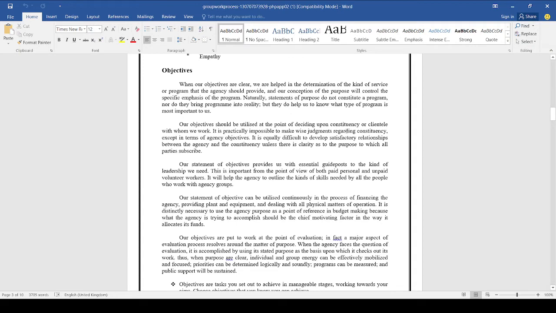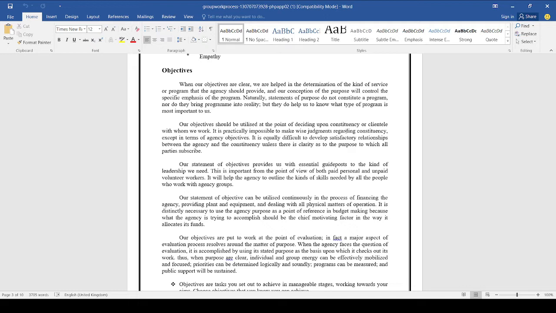Very clear, and what kind of service is provided by the agency is according to the agency's objectives. It is equally difficult to develop a satisfactory relationship between the agency and its constituency unless there is clarity in objectives.